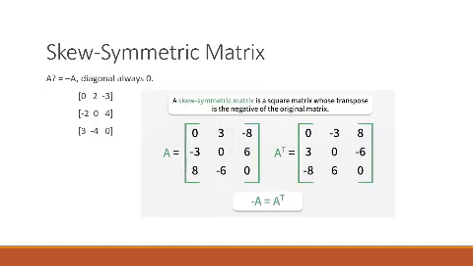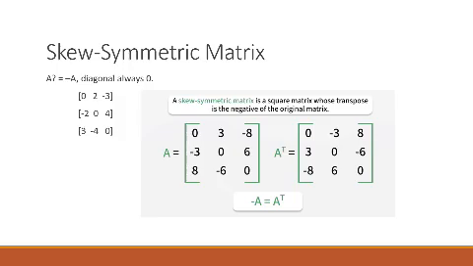Skew symmetric. A skew symmetric matrix, also called an anti-symmetric matrix, is a square matrix whose transpose is equal to its negative. A matrix A = [a_ij] of order n by n is skew symmetric if A transpose equals minus A, or a_ij equals minus a_ji for all i, j.